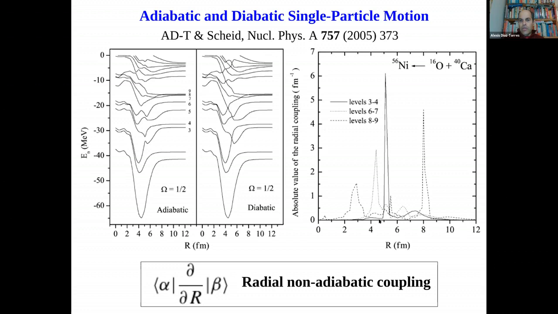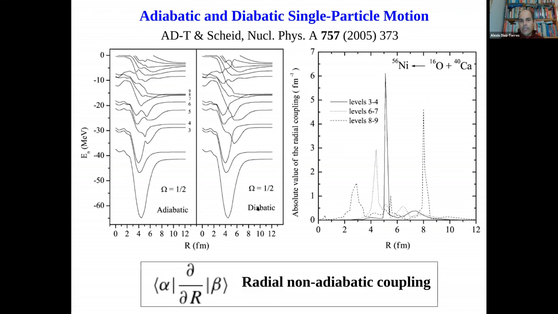And one possibility is to diagonalize this coupling matrix. And after this diagonalization, which is a change of basis, we can replace these avoided crossings by real crossings.